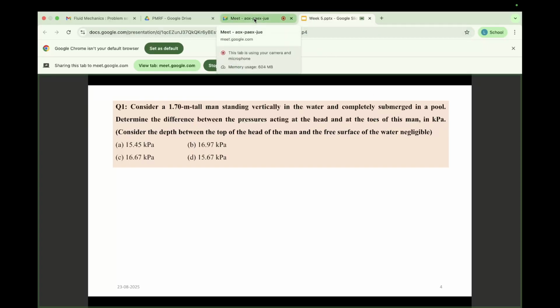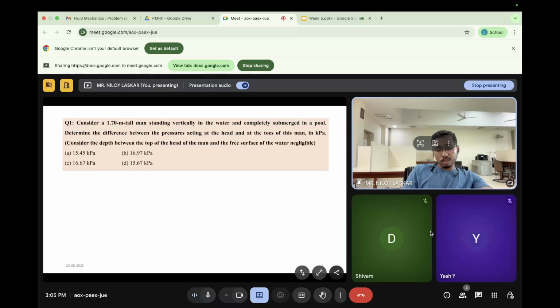So please try to solve. I am giving you 1 minute. Yash and Shivam, you also try.